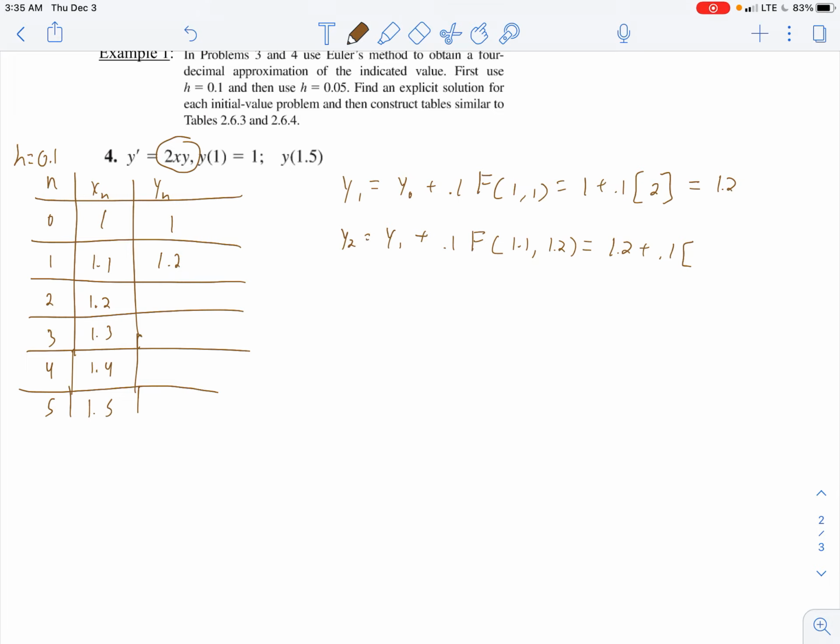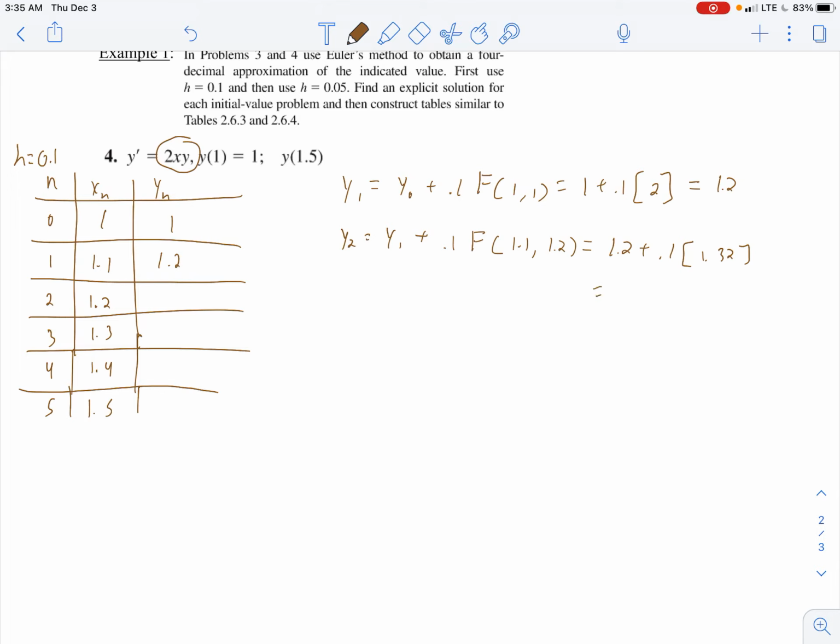Well, 1.1 times 1.2 is 121, plus another 11 is 132 times 0.1. So 1.32 is now 0.132. So right now it's 1.32, and then it's going to be 0.132.